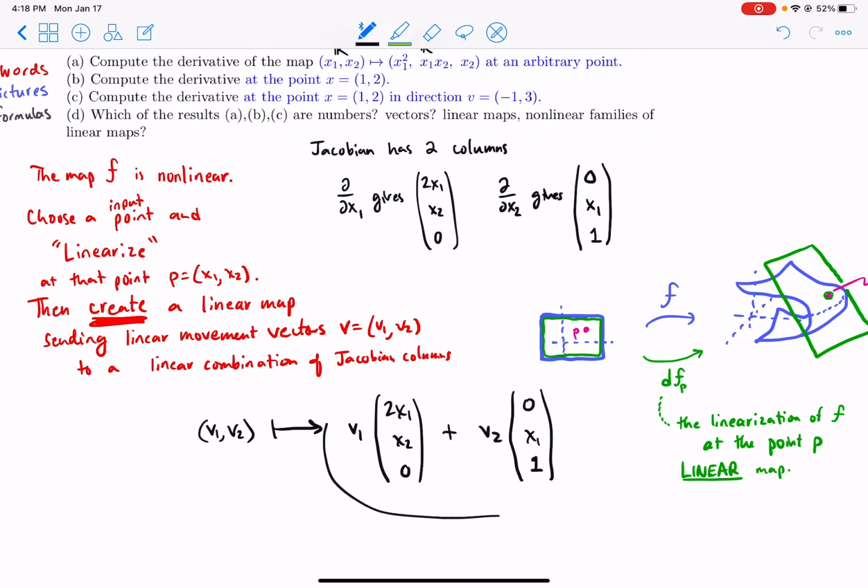And so this is a linear combination, so this will be a linear map, provided we have actually chosen the x1, x2 values of p.